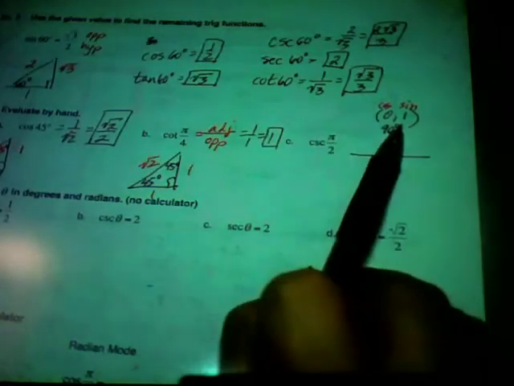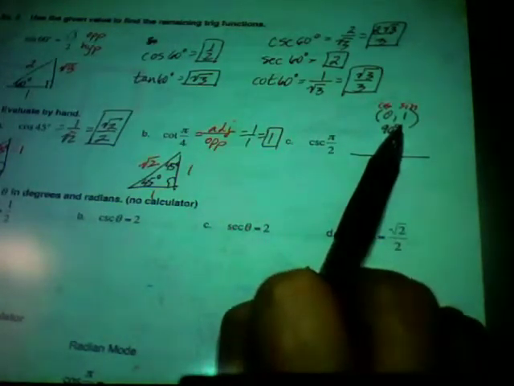So cosecant is related to what? Sine. So sine is 1. What's the inverse of 1? 1. So then this one's also going to be 1. Where would the hypotenuse be?